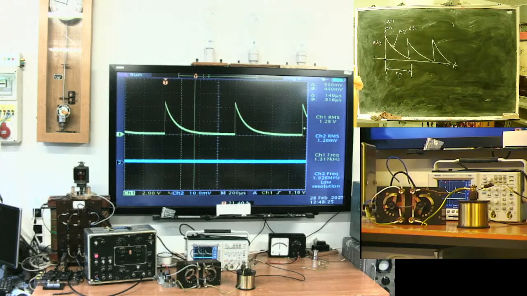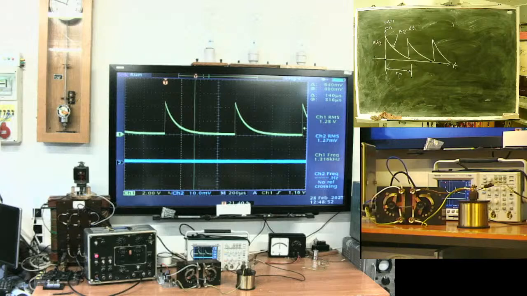What will be 1 divided by 1.3? Approximately 0.8 millisecond.